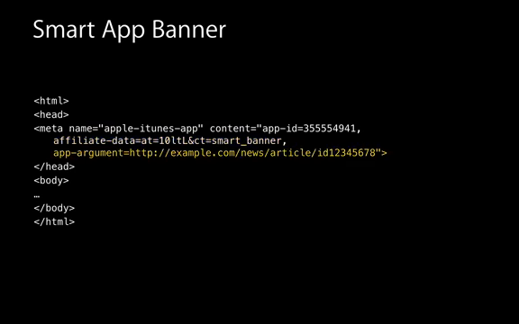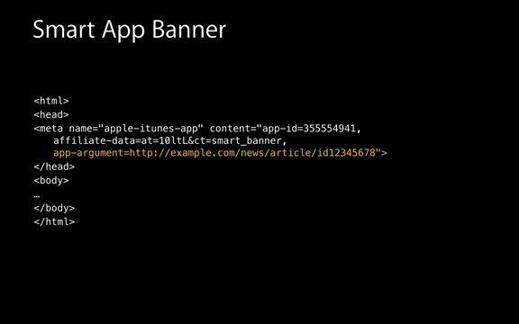Now, the app argument is actually a really important piece of data here. If we're running a news website or a music recommendation website, and we're asking the user to leave Mobile Safari, leave all that context, and launch into this custom app, we don't want them to start at the home page of our site again.